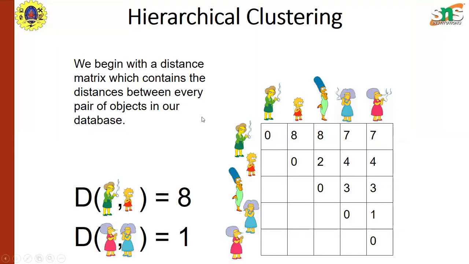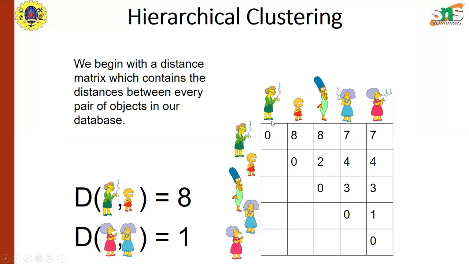This is an example of hierarchical clustering. If we begin with a distance matrix, it contains the distance between each pair of objects in the database. Here you can consider these 5 objects, in both rows and columns.